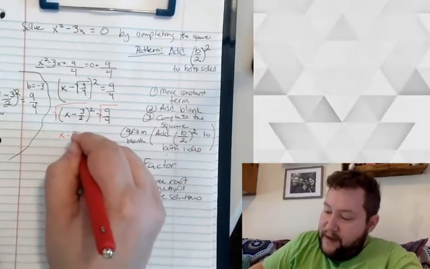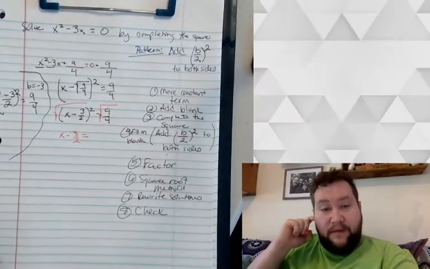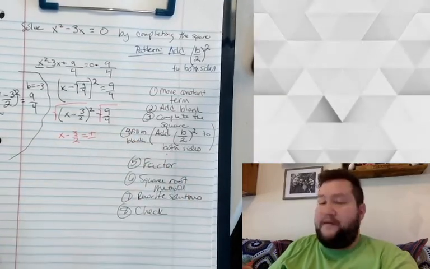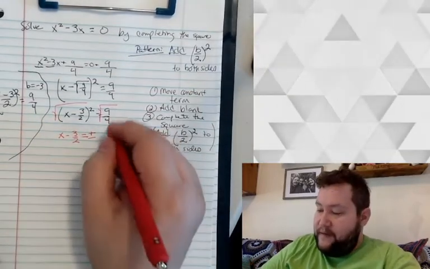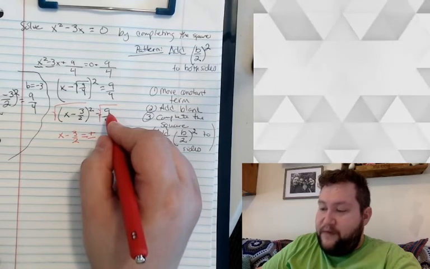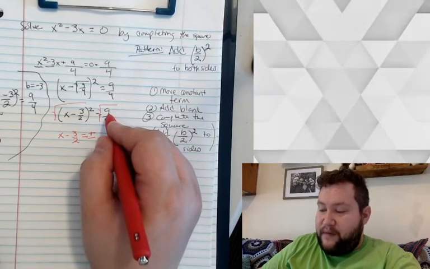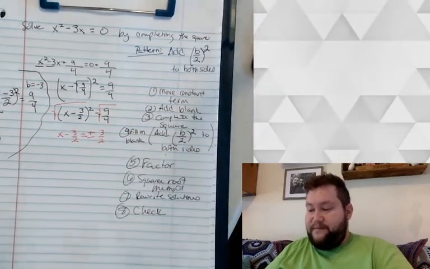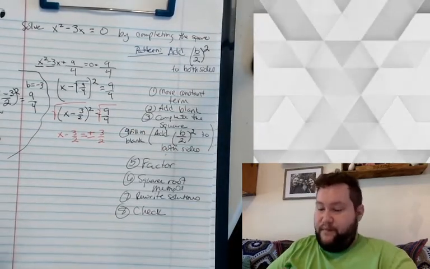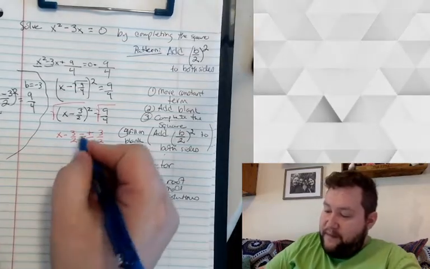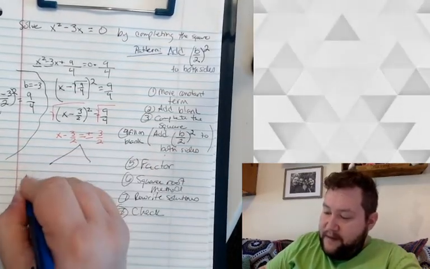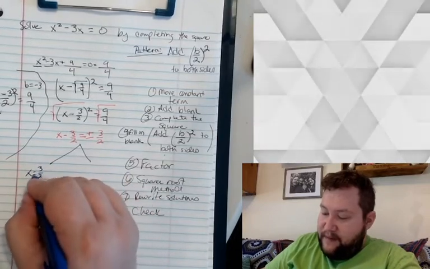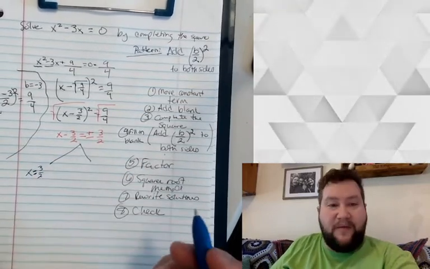X minus 3/2 equals, and we remember taking a square root introduces a plus or minus. Plus or minus the square root of 9/4 is plus or minus 3/2. And so when we move this down, we have two possibilities, x minus 3/2, before I go that far, we need to get them on one side.